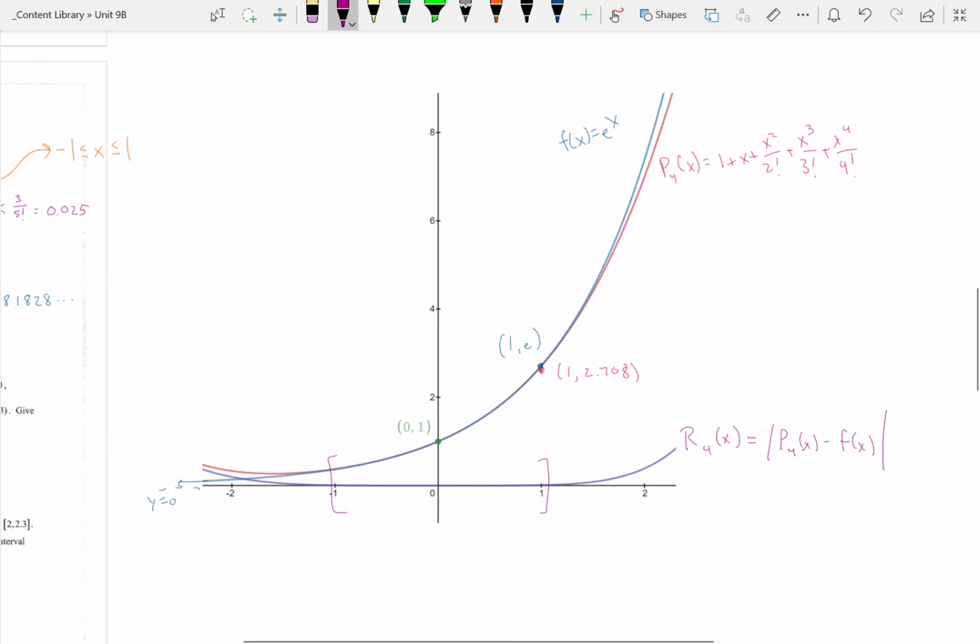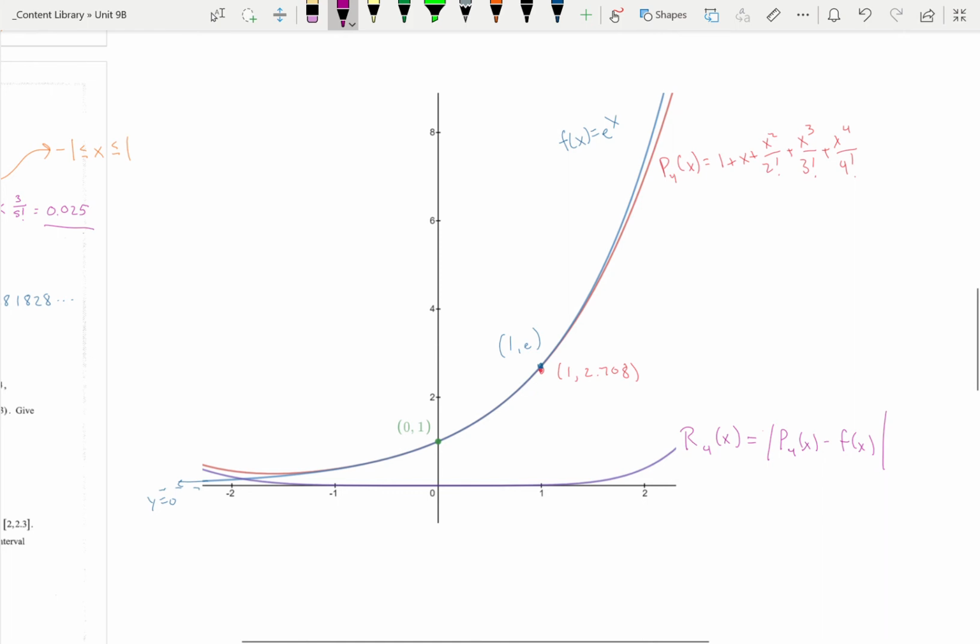So there's no significant approximation here. This is the actual function that represents the difference between the Taylor polynomial approximation and the actual transcendental function. And what we're saying over here with this 0.025 is that 0.025 is bigger than all of the y values of r sub 4.